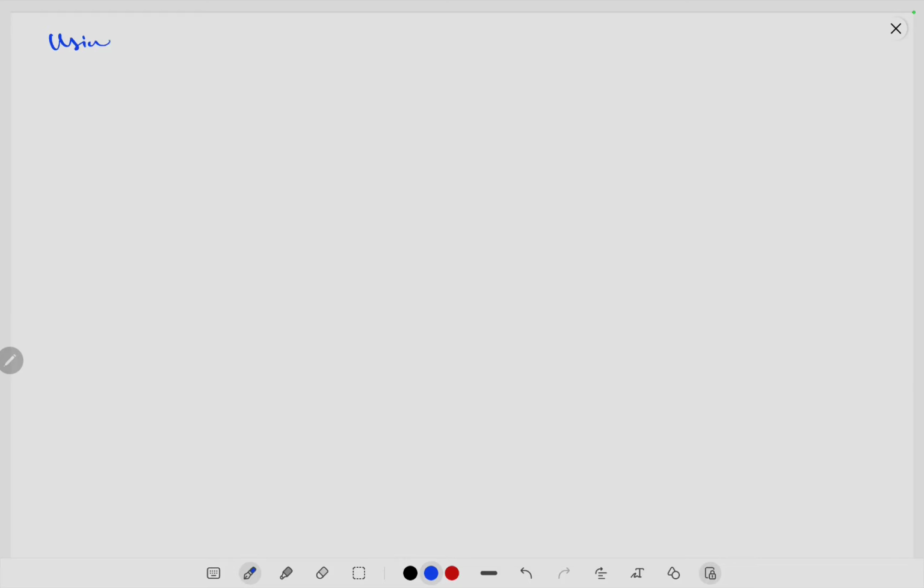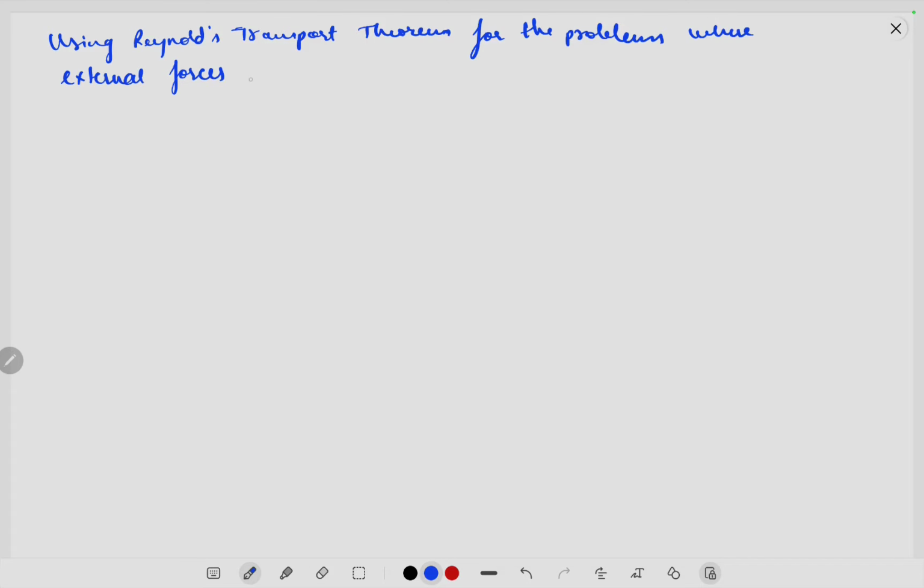So next topic is using Reynolds transport theorem for the problems where external forces are present. Okay, so this is our next task.